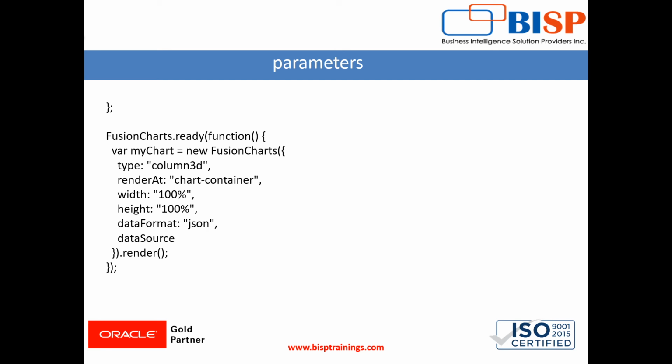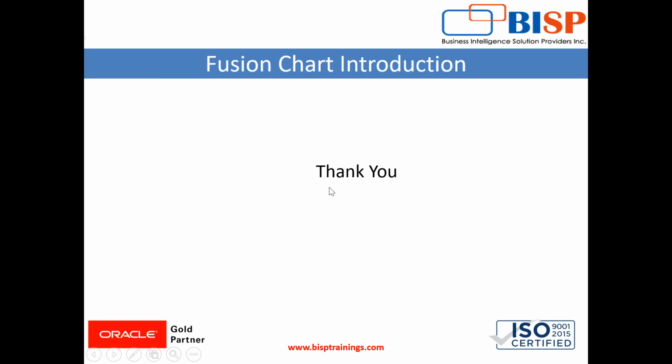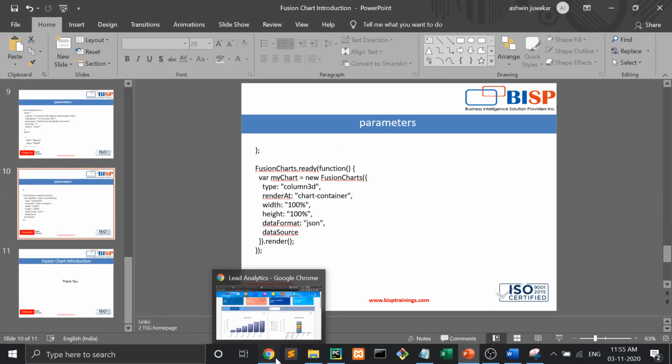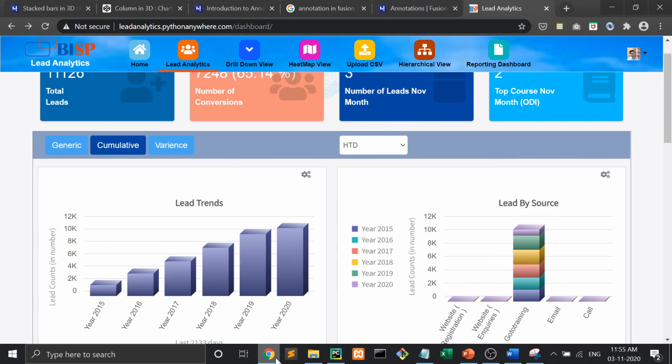So this is the flexibility provided by Fusion Charts. You can also adjust the width and the height like this. So in our next video we will see how to insert the data dynamically.